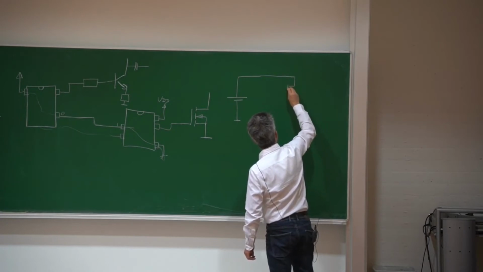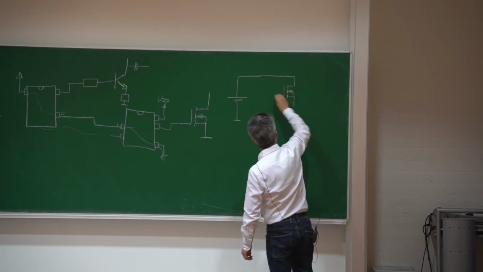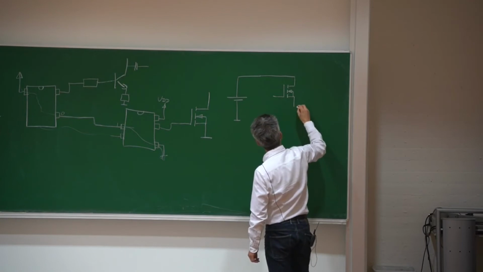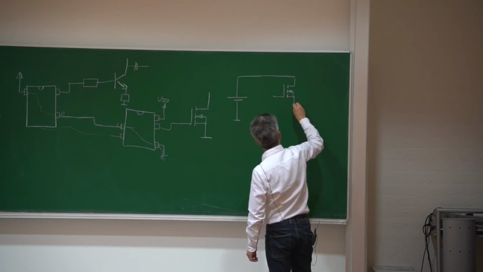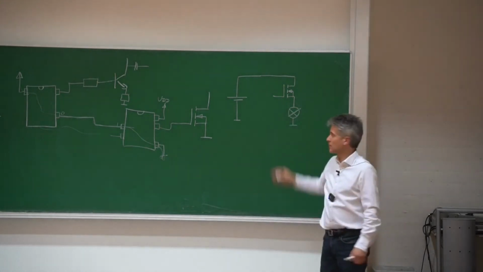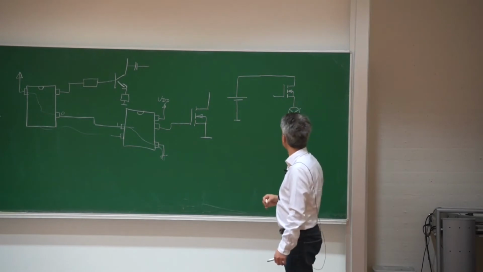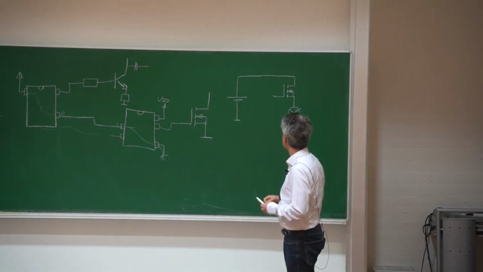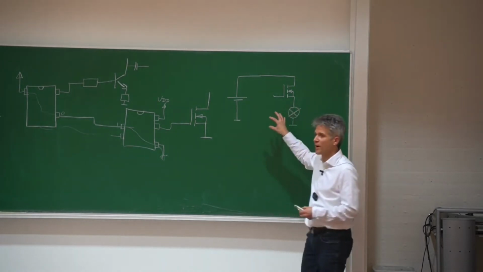Let's make it this way. So an N-channel power transistor, and well, here I have my load. In this case, it's the front light. Okay, so this is the configuration of a high side switch.